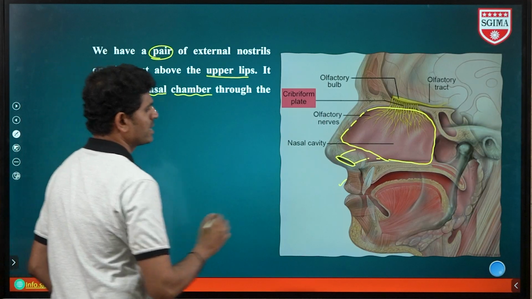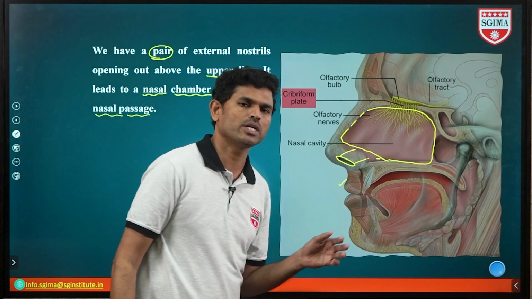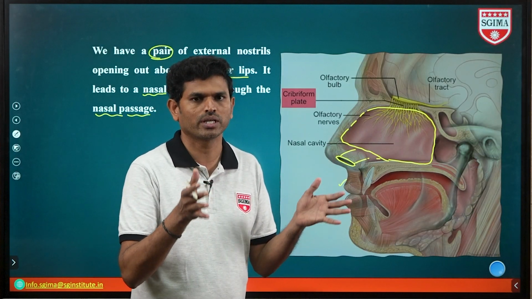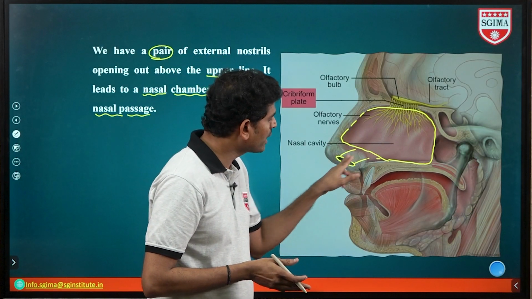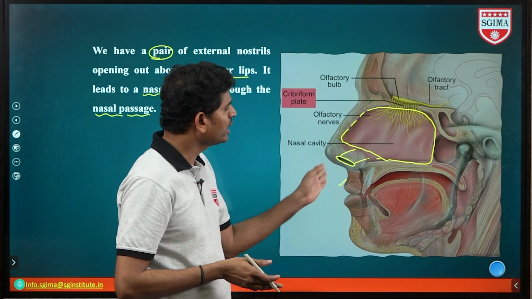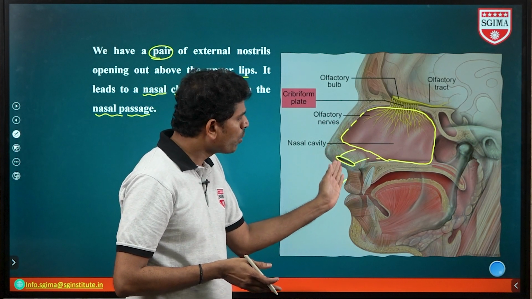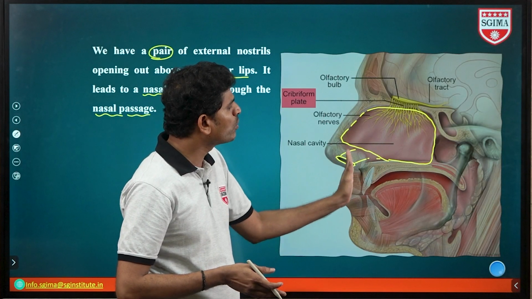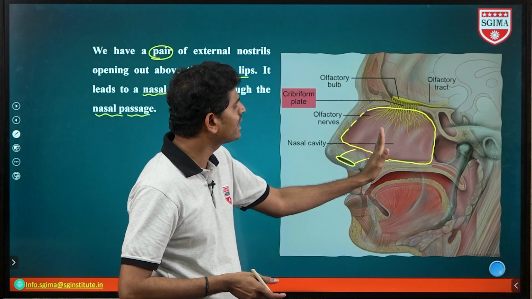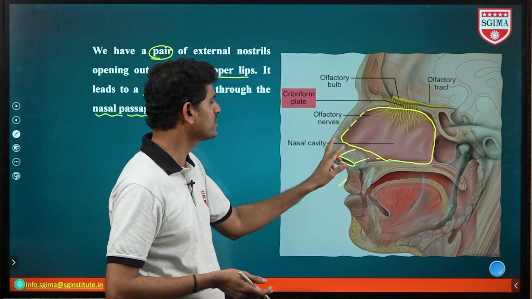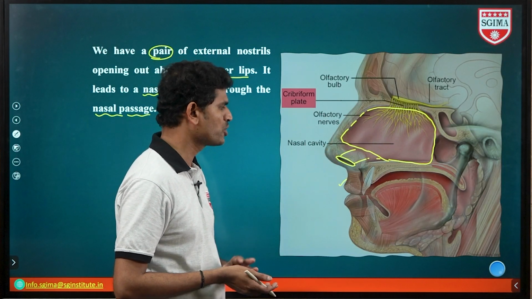Passage means a narrow tube-like structure which has supporting lateral walls and connects two things, exterior and interior. So the external nostrils or nares lead into the nasal chamber through the nasal passage.